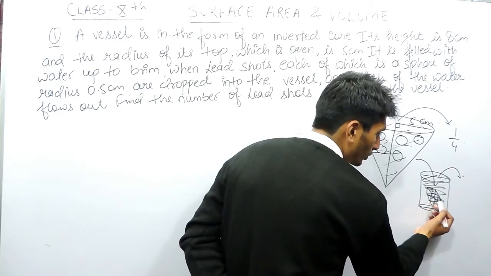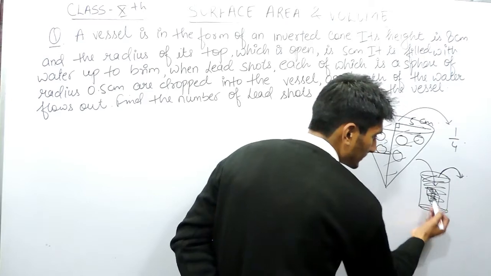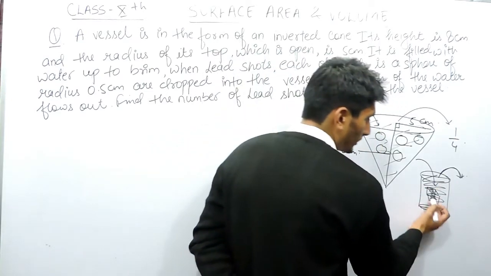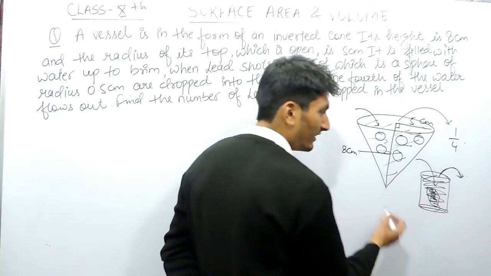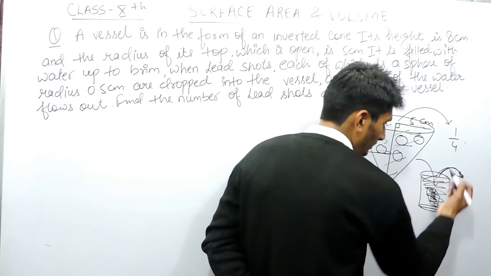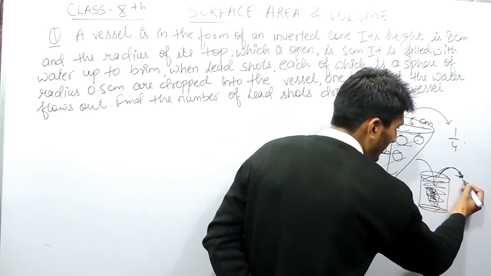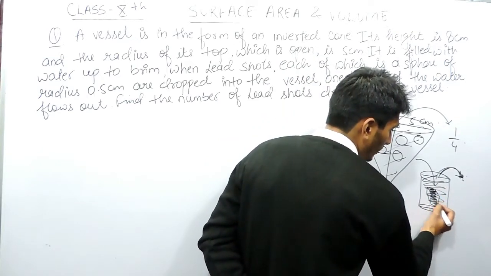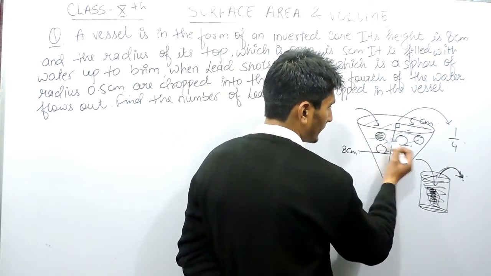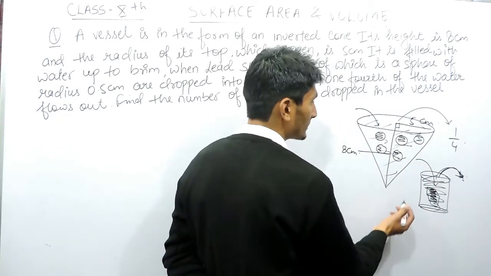The water which is flown out will be equal to the volume of this cube. So the volume of this cube will displace the same amount of water from this cylinder. In other words, the water which has been flown out is equal to the volume of this thing.